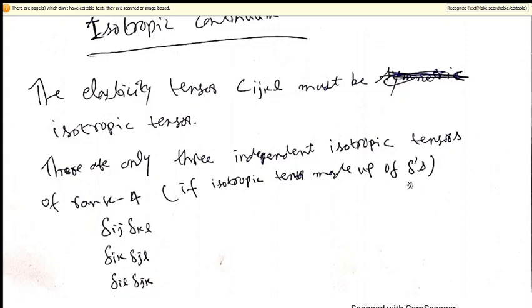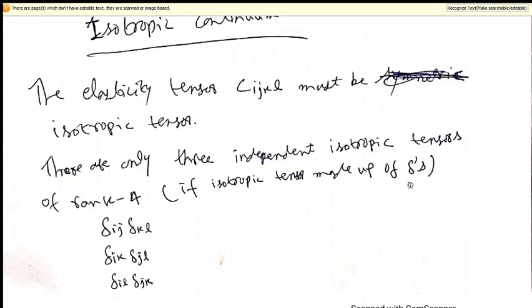An isotropic tensor is a tensor which has the same components in every coordinate system. If you transform the coordinate system, then the components of this tensor will not change, and that tensor is called an isotropic tensor.